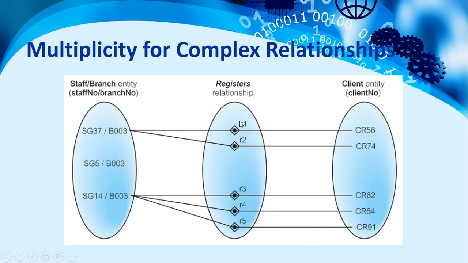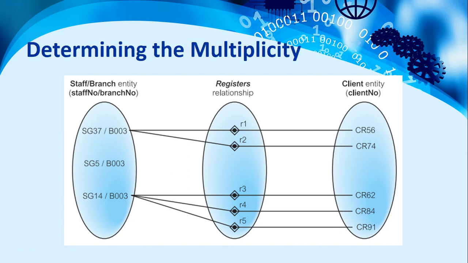Each relationship represents the association of a single staff occurrence, single branch entity occurrence, and a single client entity occurrence. In this figure, we examine the registers relationship when the values for the staff and branch entities are fixed. So determining the multiplicity has a lot of steps, but let's make this short.